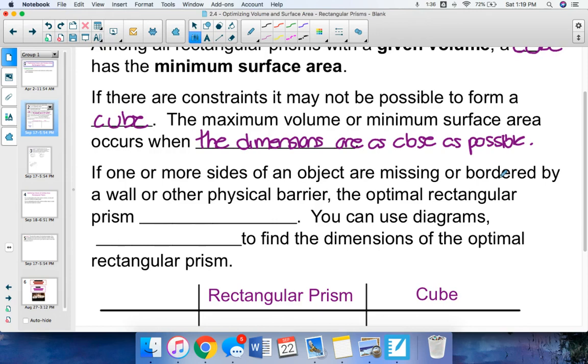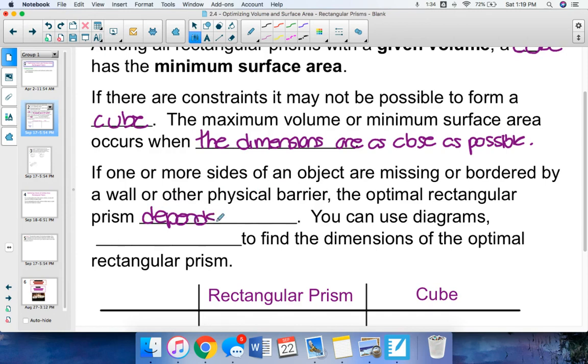If one or more of the sides of an object are missing or bordered by a wall or other physical barrier, the optimal rectangular prism might be different.